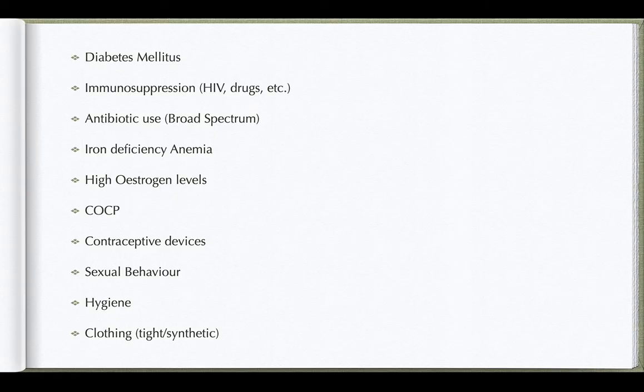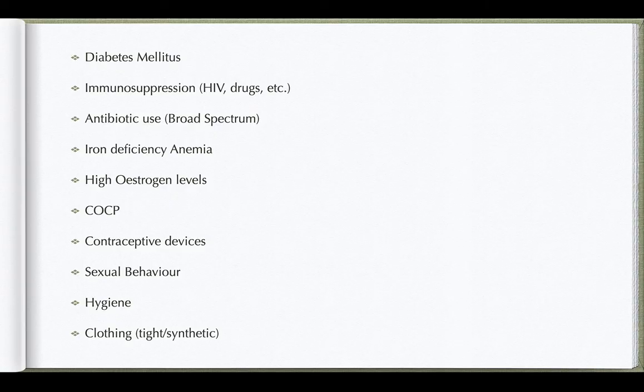And iron deficiency anemia, which has been linked to the production of interleukin 4, has been shown to promote a type 2 immune response. Conditions with higher estrogen levels, examples like pregnancy and postmenopausal women who are using high estrogen therapy, could as well be at risk of VVC.